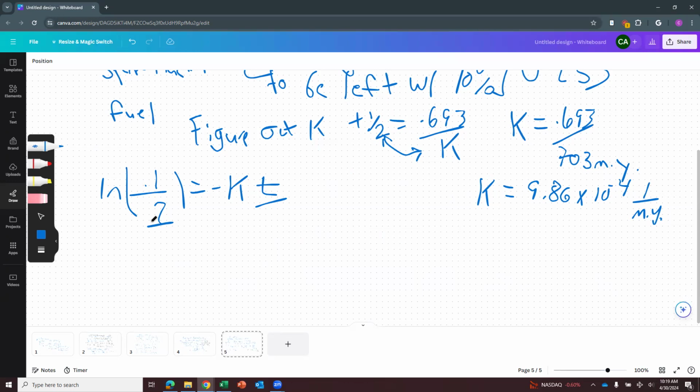So let me do the natural log of this. The natural log of 0.1 is negative 2.30. And I'm going to divide that by my negative K, which is 9.86 times 10 to the minus 4. That equals time.